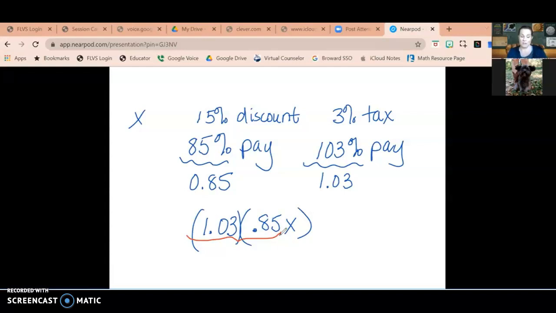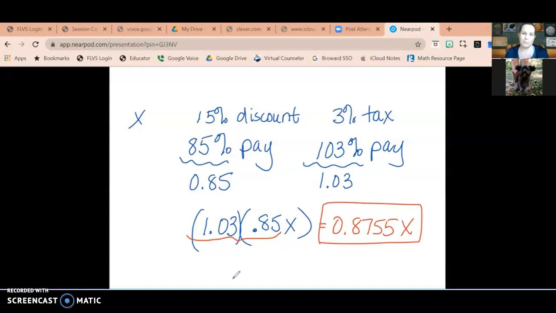So I have some students who are actually multiplying these two numbers on a calculator and then giving me that number. So for example, if I multiply these two, 1.03 times 0.85, that equals 0.8755x. That is also fine.